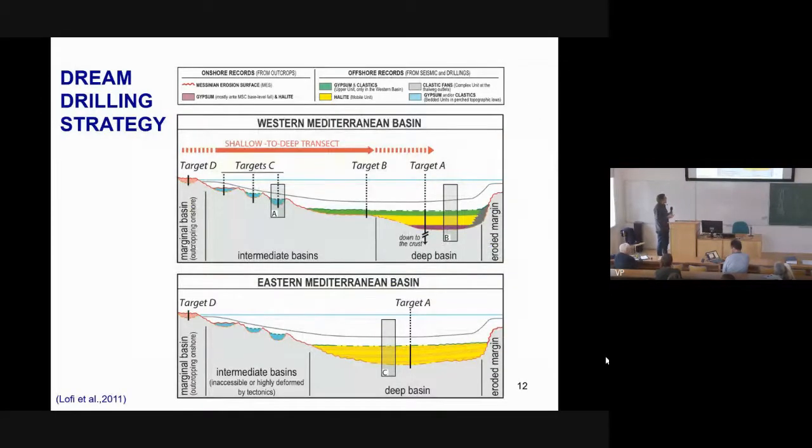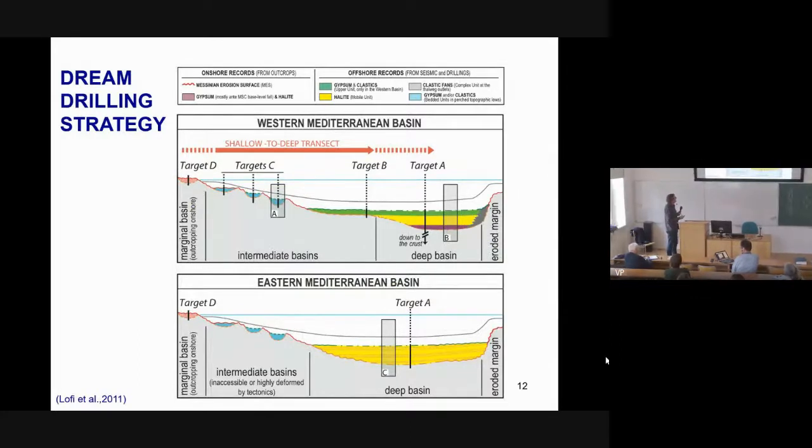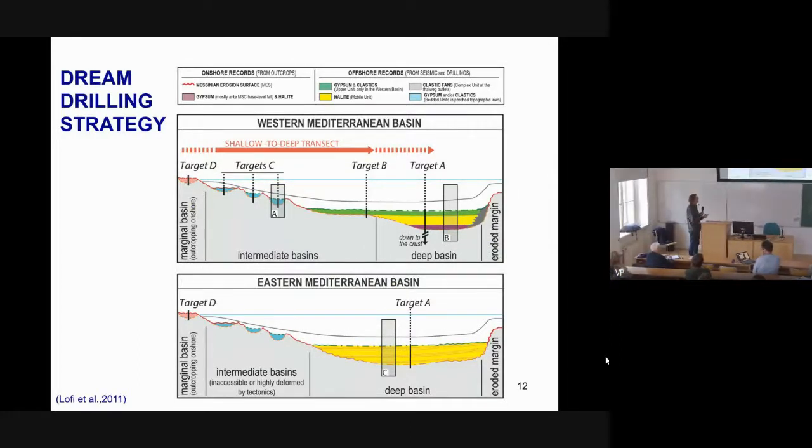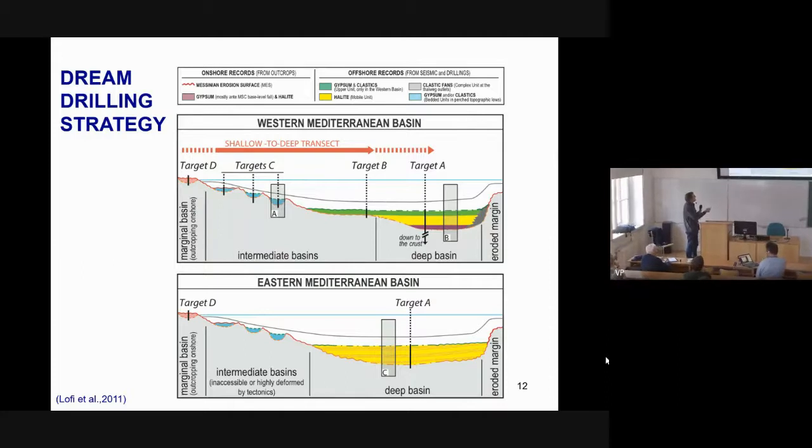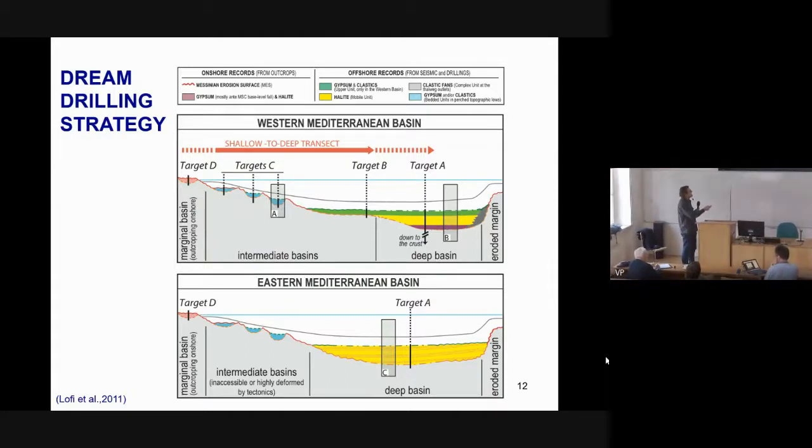So the overall stratigraphy that has been inferred out of all these surveys is different for the Eastern and the Western Mediterranean. In the Western Mediterranean, you have this trilogy where you have halite covered by post-halite, post-salt deposits, and these have been drilled, and they show that they are reworked gypsum from the margins. So it seems like gypsum was exposed in the margins and then delivered and redeposited on top of the halite.